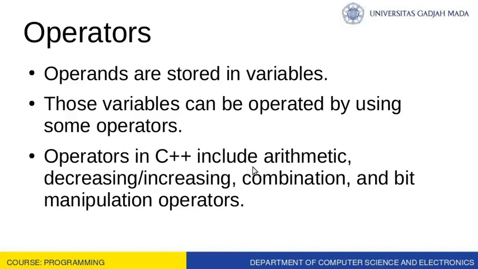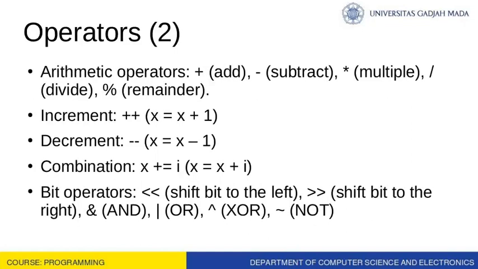Operators in C++ include arithmetic operations, decreasing or increasing operations, combination operations, and bit manipulation operations. Here are examples of those operators. The first is arithmetic operators.